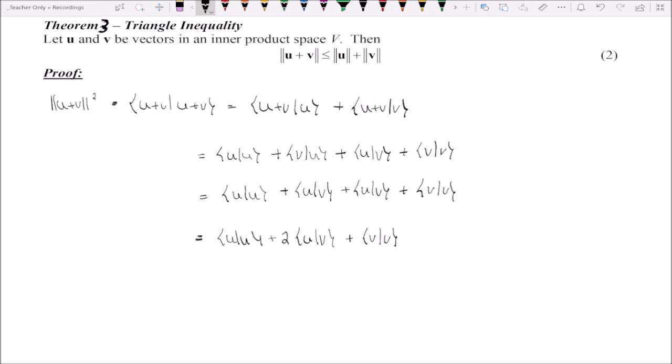Now, we already know that the inner product of u with u is the norm of u squared. We also know that the inner product of v with v is the norm of v squared. And what we can do is write the inner product of u with v as less than or equal to the absolute value of the inner product of u with v.